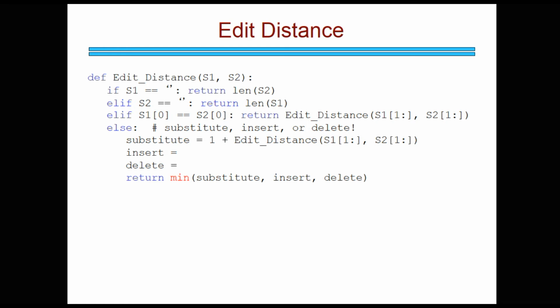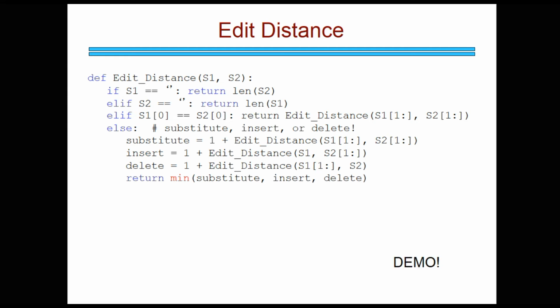For insertion, because we are inserting into S2, we can start from the index of S2 and go to the end using a slicing operator and feed it into edit distance. For deletions, we are deleting from S1, therefore we can move the index of S1 by 1 or reduce the problem size of S1 by 1.